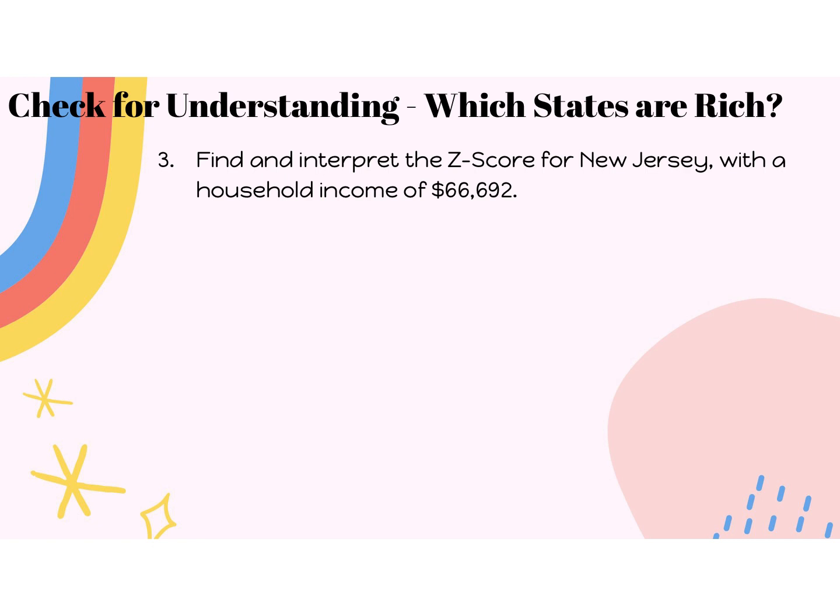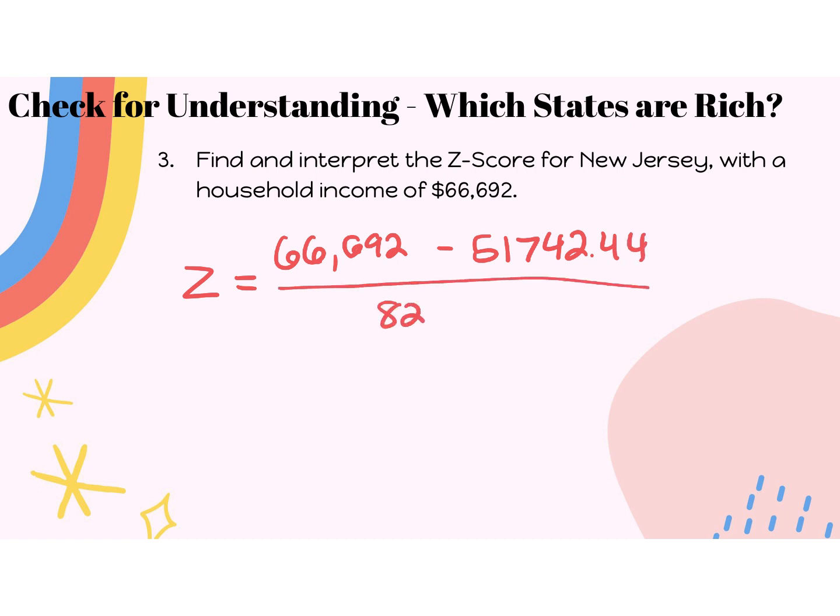My things got in the wrong order, so we're going to skip and look at our answer for number 3. It wants the z-score for New Jersey. So it gives us our data point, and then the mean is up in the summary next to the OGIV chart, along with our standard deviation.